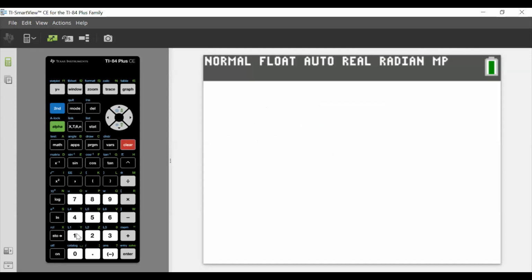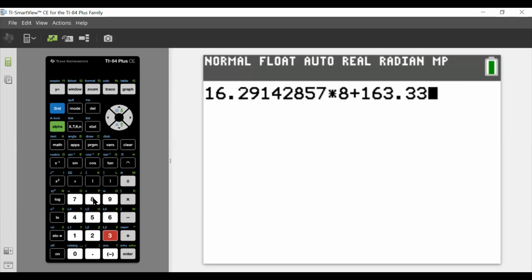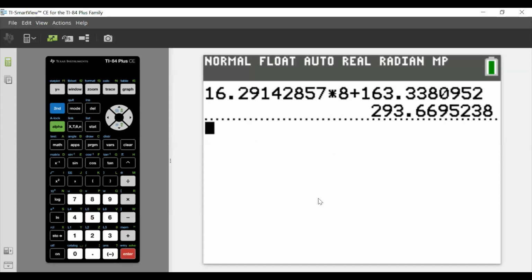We're going to have 16.29142857 times 8 plus 163.3380952. Okay, so this should give us our value, which is 293.6695. So we'll write that down, and now we'll go back over here.